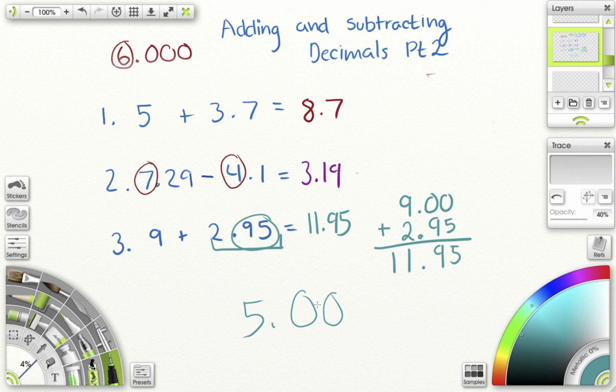So put a decimal and 0 afterwards just to help you, especially as you get used to adding and subtracting decimals. If you don't have the same number of decimal places, you can put a 0 in that place just temporarily. Make sure your decimals are always lined up. If they're not lined up, you will not have the correct answer and the math will not work out.